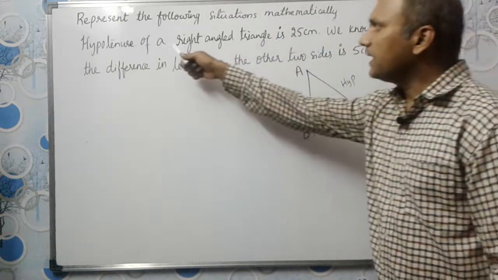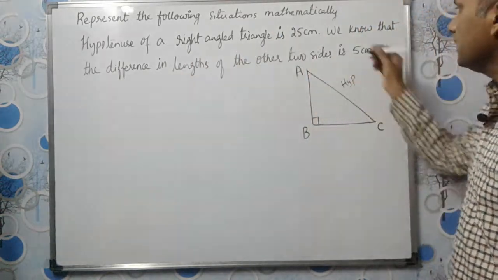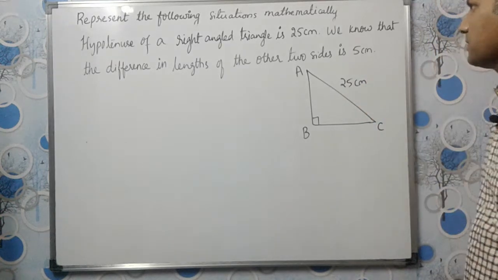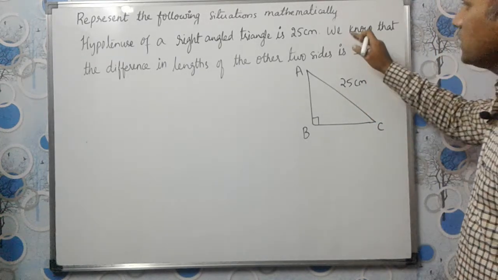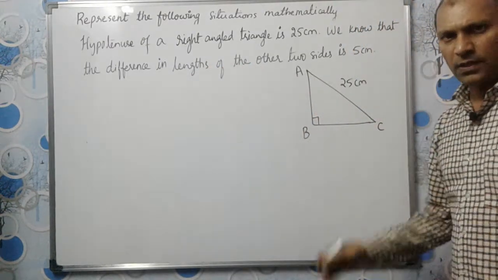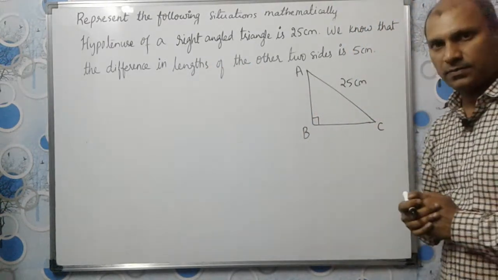It is clearly given that the hypotenuse of a right angle triangle is 25. So this side is how much? 25 centimeters. And it is also given that the difference in the lengths of the other two sides is 5. So what could be the sides?